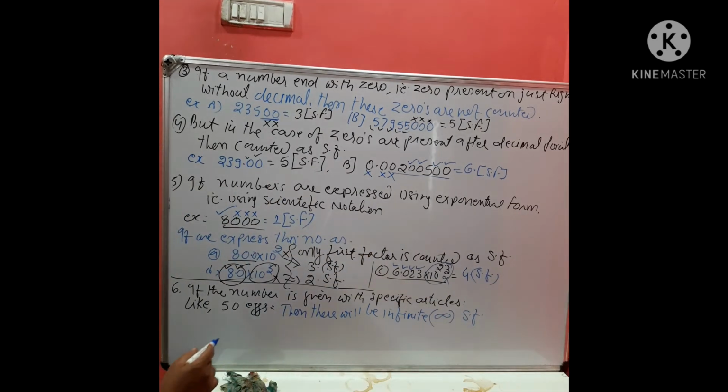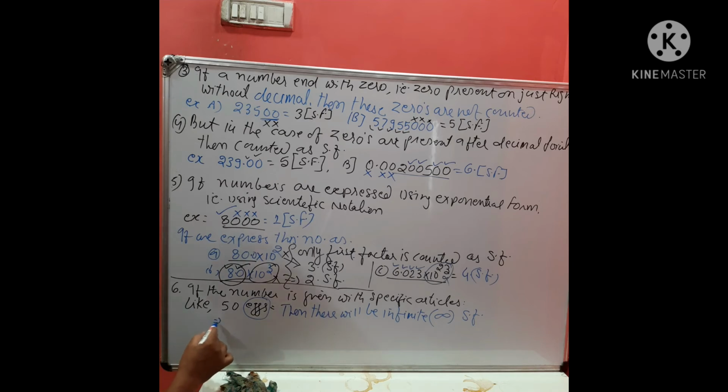Why? Actually, this is the count of eggs, and the eggs will always be exactly 50. We cannot say it should be 51 or 49. This is a whole number. We cannot buy an egg by cracking it and making fractions of it, so it will always remain a complete egg.